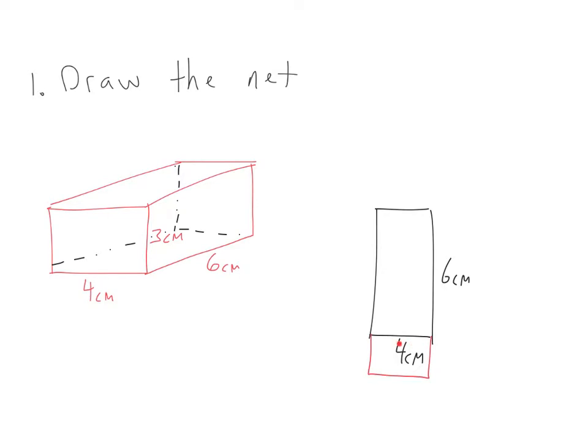And I already know this dimension is 4, but this dimension here is going to be whatever that was, right? Because if you picture this as some kind of a door or a wall that falls down this way, the 3 would all of a sudden be right there. And back here, this face is going to match that front one. So that's a 4 there, and that's a 3 there as well.